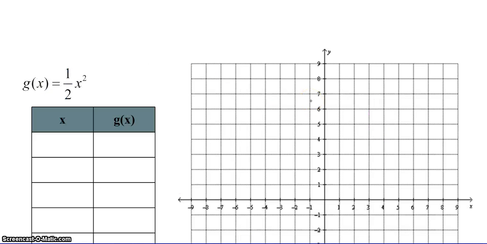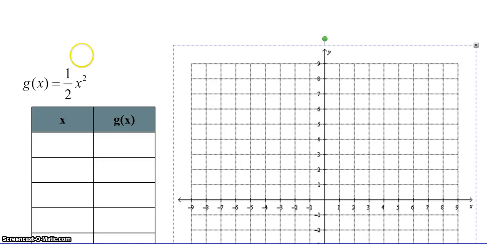Okay, let's try another one. We have y equals 1/2 x squared. See what we have here. My coefficient is 1/2.